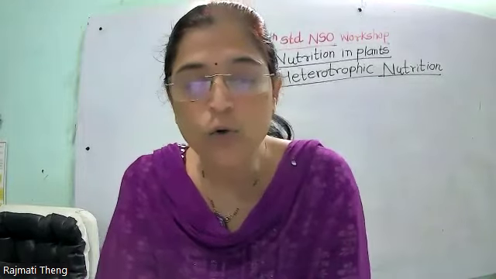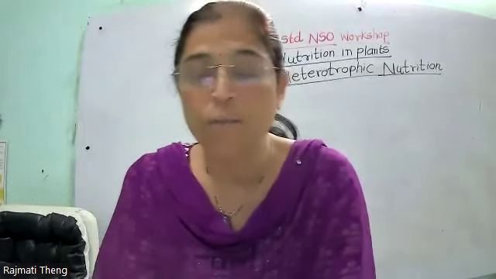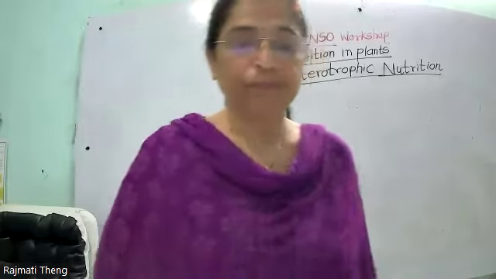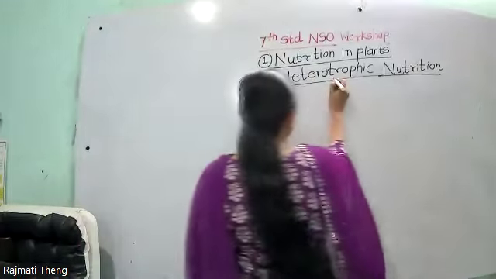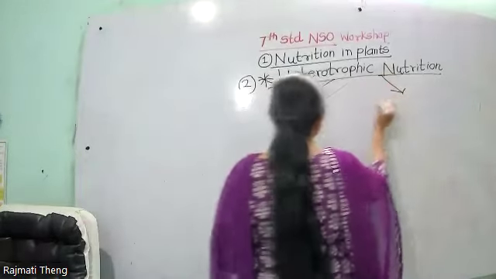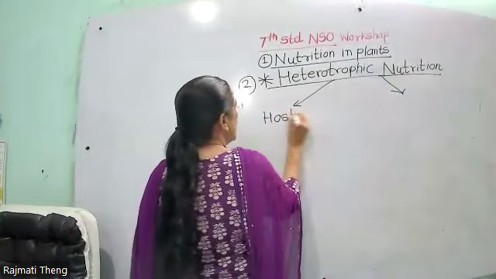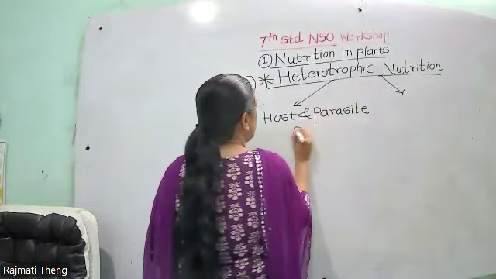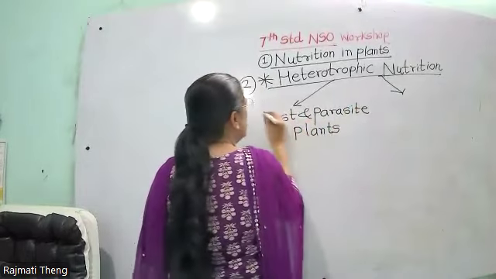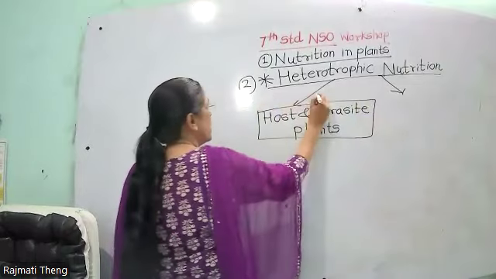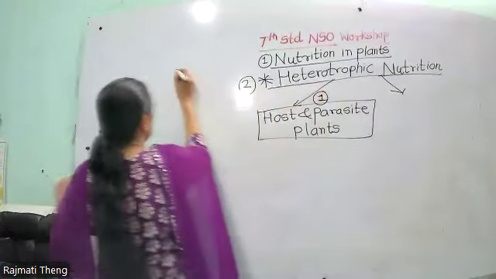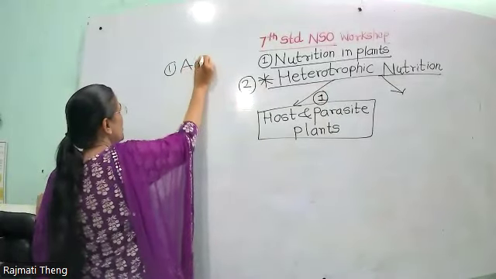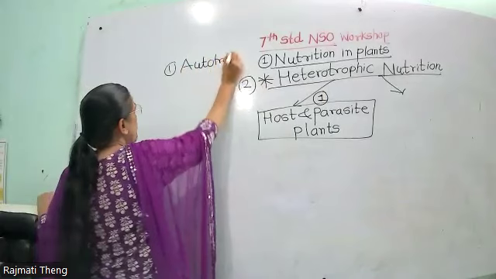Heterotrophic plants are classified into two types. First one is host and parasite plants, and second one is insectivorous plants. The first mode of nutrition I have taught you is autotrophic.